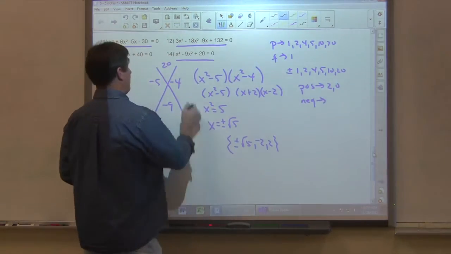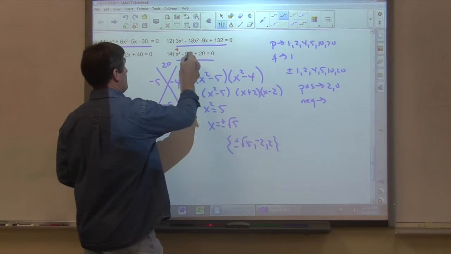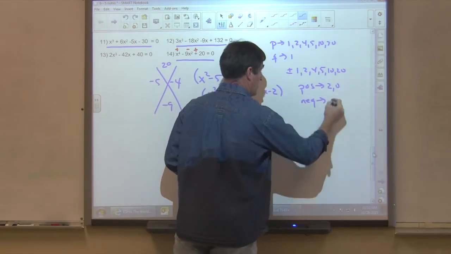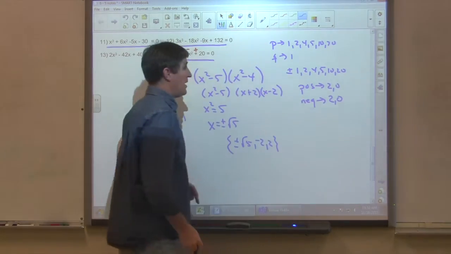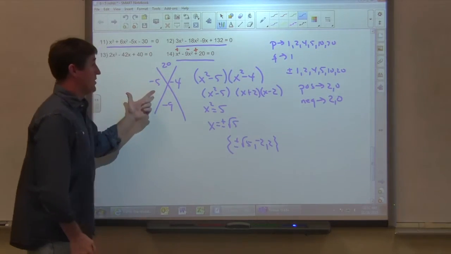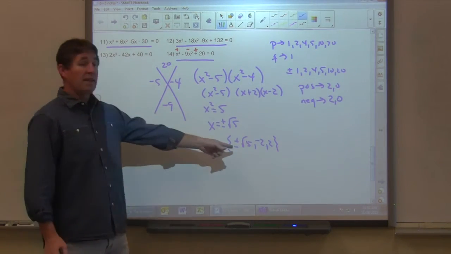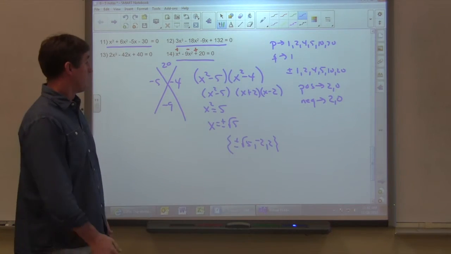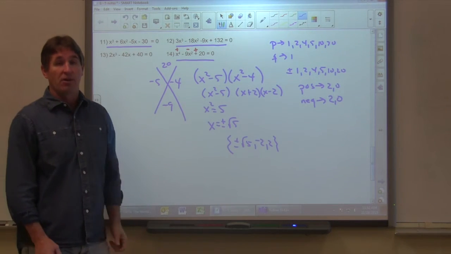If I put in a negative, that would be 4 negatives is positive, 2 plus 1 is 3, that's negative. So there would be 2 sign changes, so 2 or 0. And we'd have to then go through the process of synthetic division and try those. You'd get those answers, it would just take a lot longer to do. So you have to be careful on these.